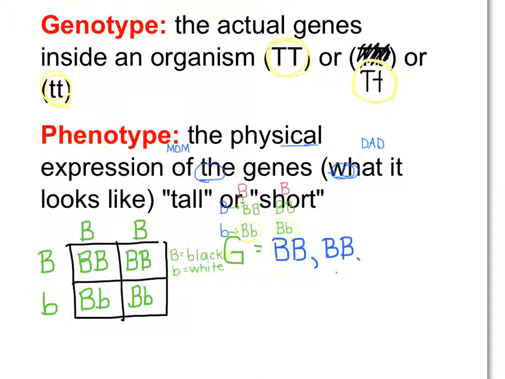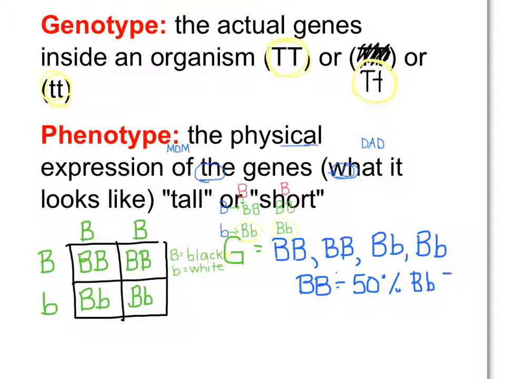You have two chances of that, and then you have two chances of being a hybrid. You could also write it as a 50% chance, because the whole thing equals 100, and you have a 50% chance of being a hybrid. So if these two bunnies were to have a baby, these would be the options. There is no chance of these two parents having a white fur baby bunny.